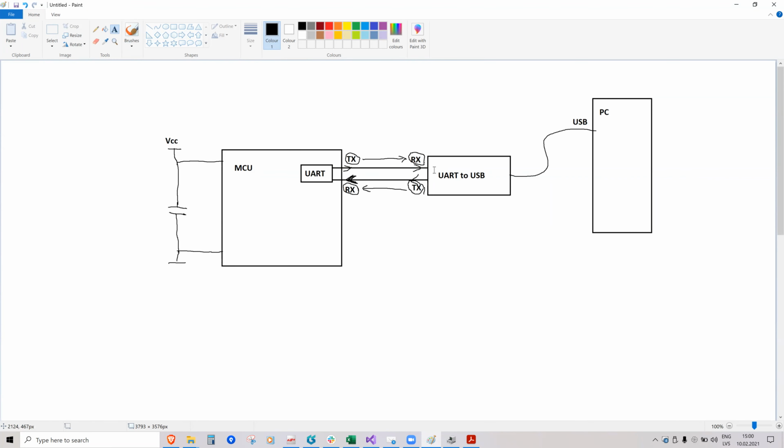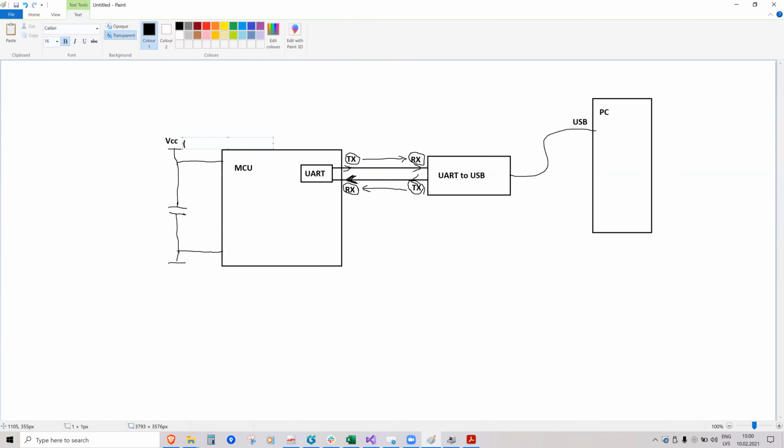Oftentimes, for example, this UART USB converter can provide USB voltage, which is 5 volts, right? I'll just write in example 3.3 volts. 3.3 volts is a very popular voltage.